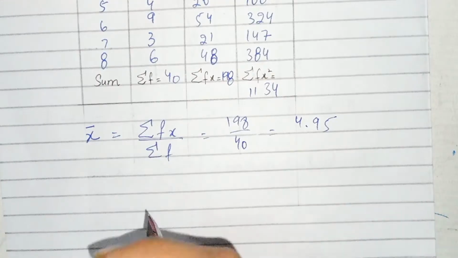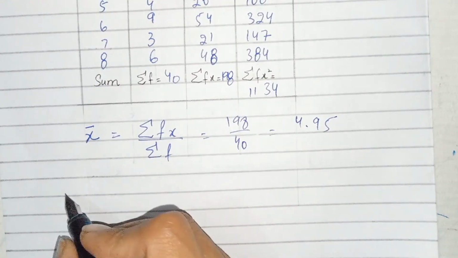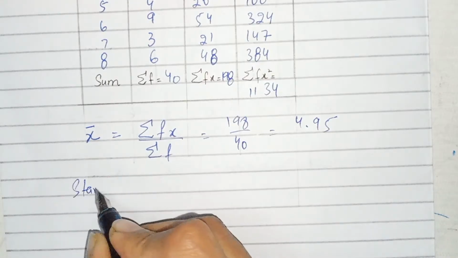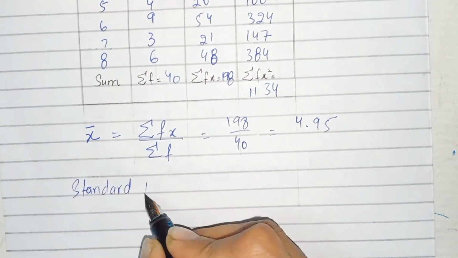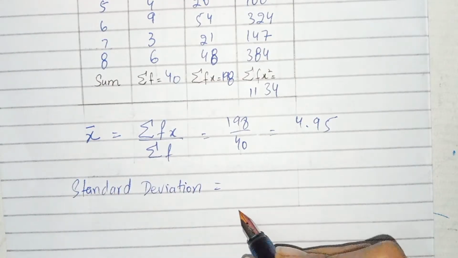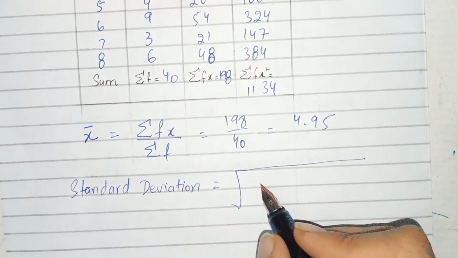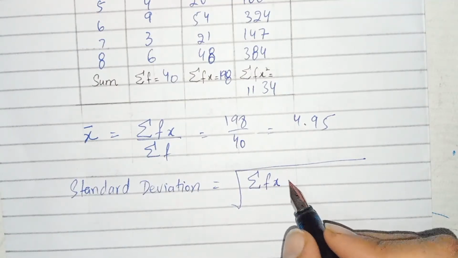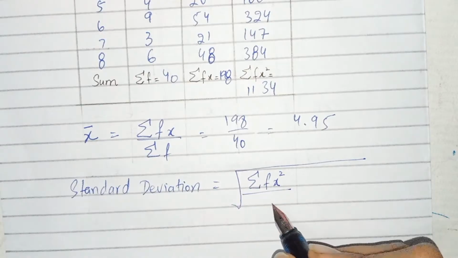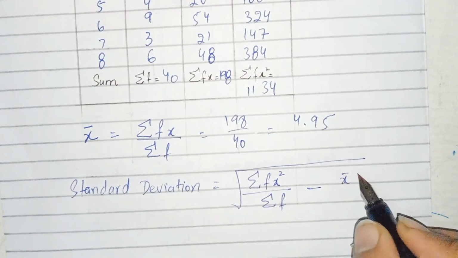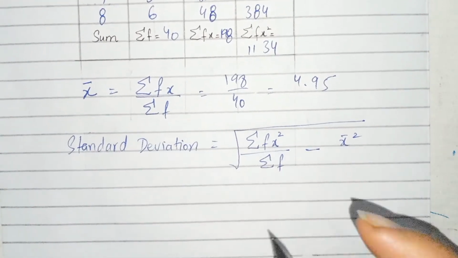Now we have to find the standard deviation. The standard deviation formula is the square root of sigma fx square over sigma f minus mean square.